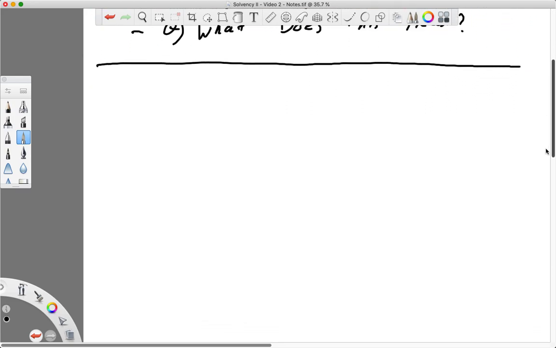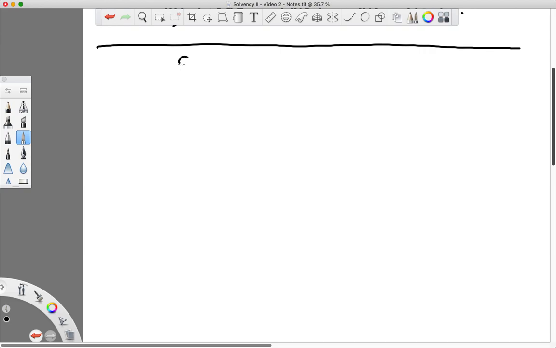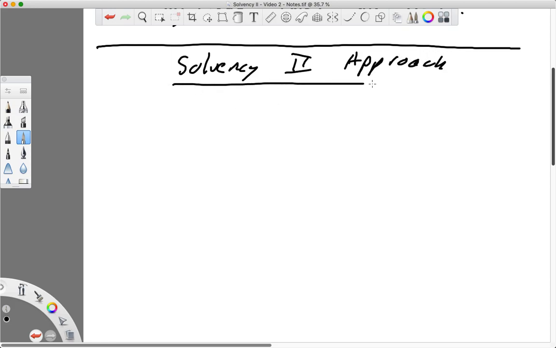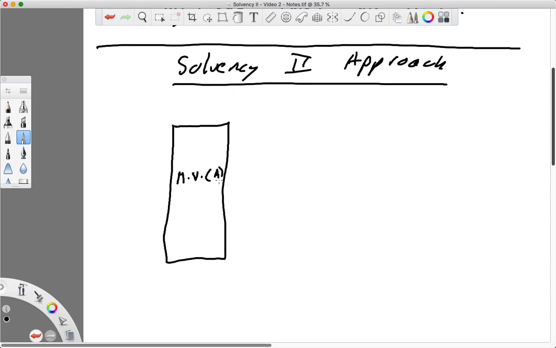So let's kick off. Our title here is Solvency II approach. We're going to draw another one of these balance sheet diagrams. This first box I'm going to call market value of assets, and over here let's draw in another rectangle and break it into two.